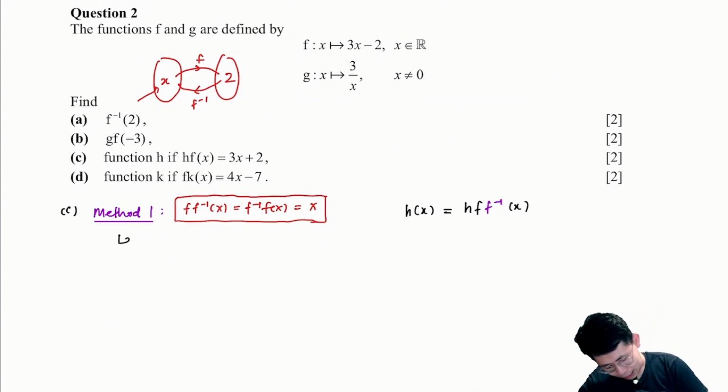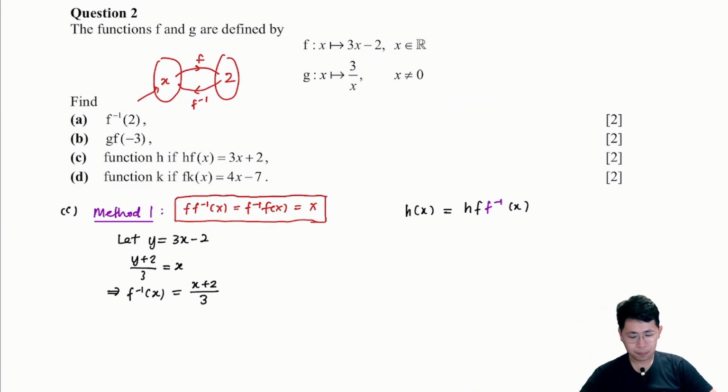So I will let y equal 3x minus 2. So y plus 2 over 3 is equal to x. Skipping some logical steps, this tells me that f inverse of x is equal to x plus 2 over 3. So this is my f inverse of x.